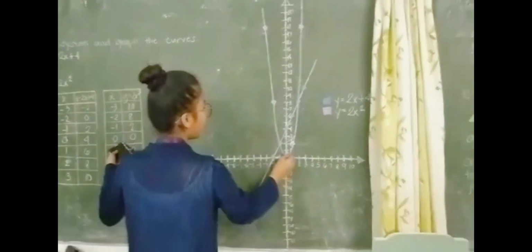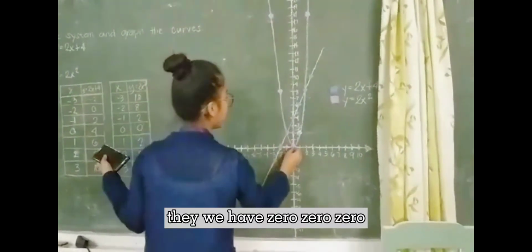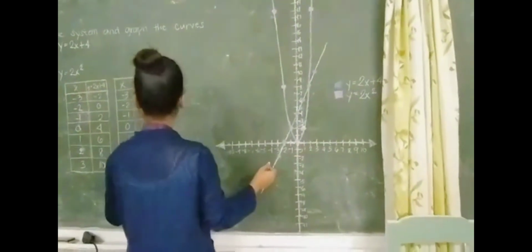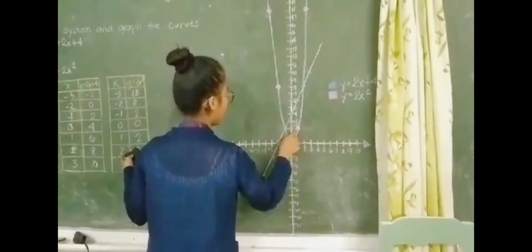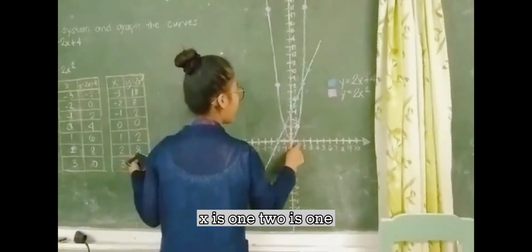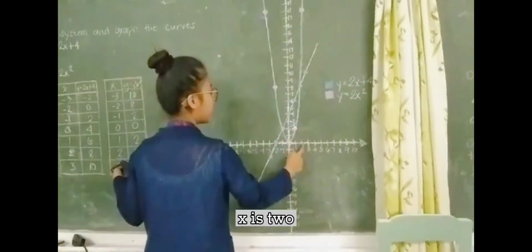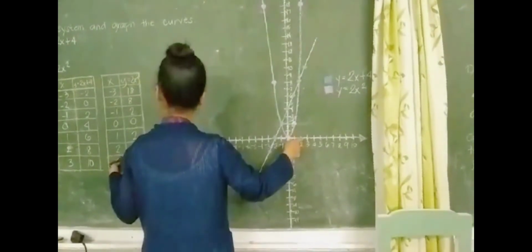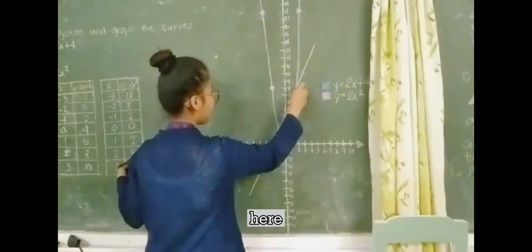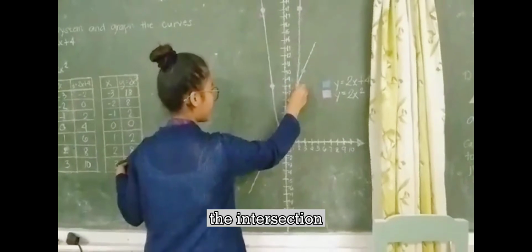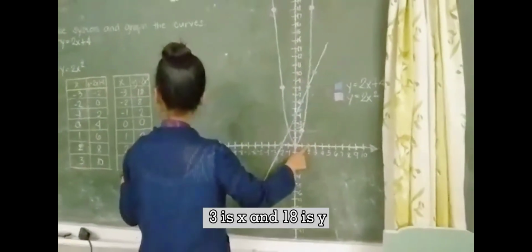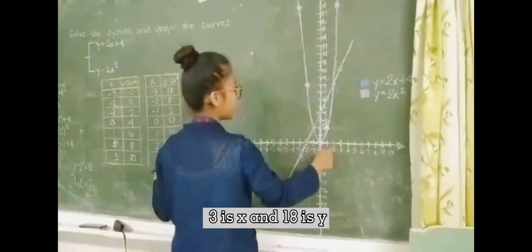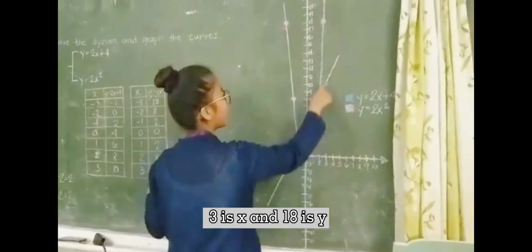So we have here 0, 0. Then 1 is x, 2 is y. X is 2 and 8 is y. The intersection. 3 is x and 18 is y.